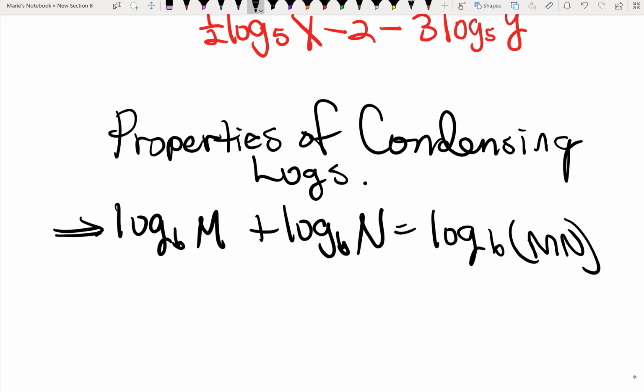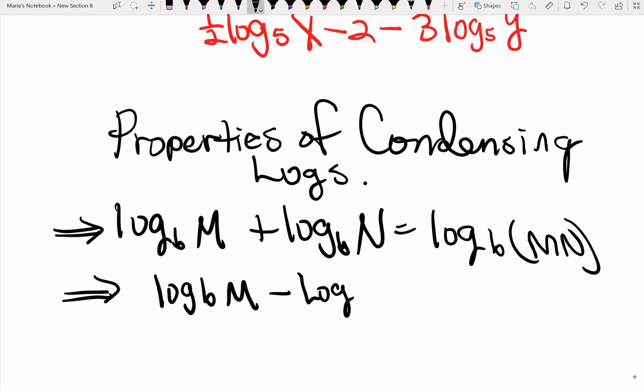So this is your product rule. Your quotient rule would look like this. It would say log base b m minus log base b n, and this condenses to log base b of m over n.